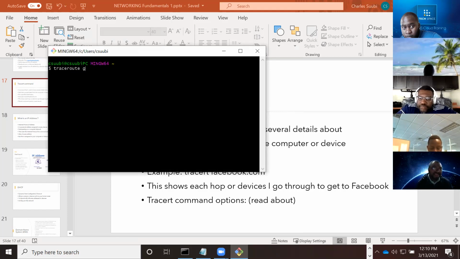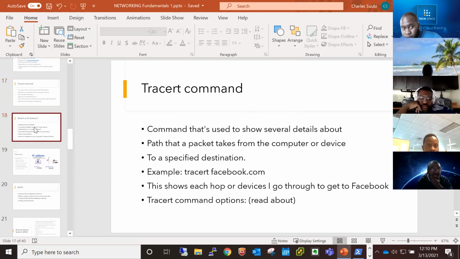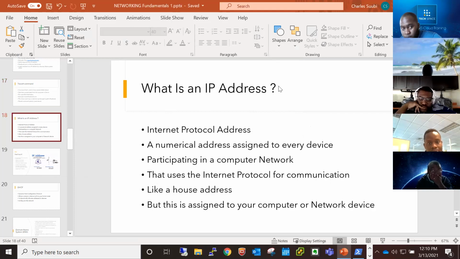Traceroute to google.com. All right, I need to install that. So you guys can go and fire up Git Bash. Let's leave traceroute alone. You guys will do it later. So let's move on to the next concept. We shall do traceroute when we get to the Linux bit of things.